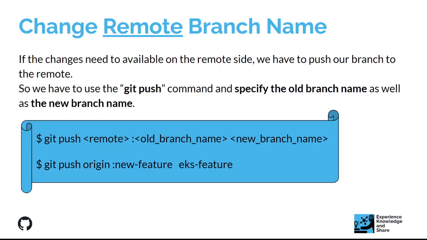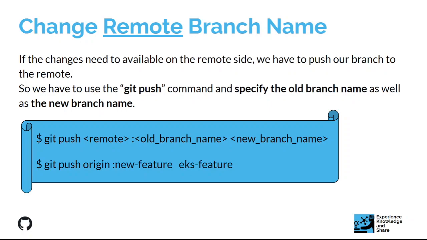The usual command will be like git push, then the remote. There we can have different names, like we set up for upstream, downstream, or origin. Then a colon, and the old branch name, which in our case was new feature, and the new branch name is EKS-feature. So what will the command be? git push origin :new-feature EKS-feature.